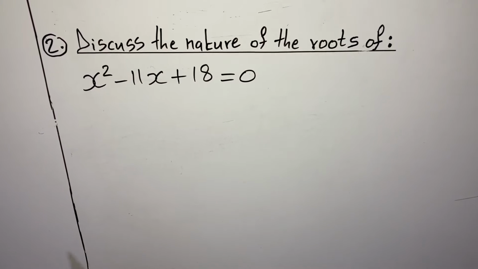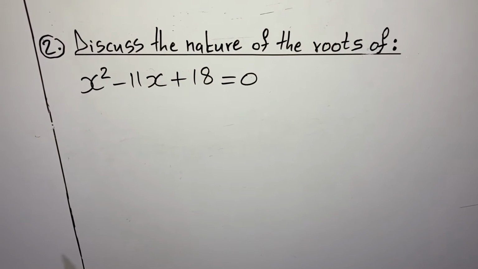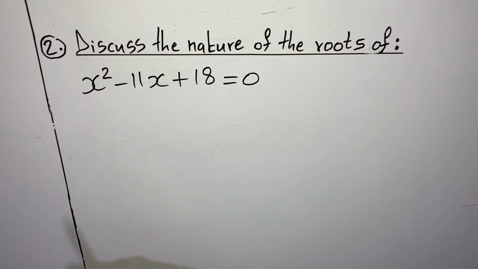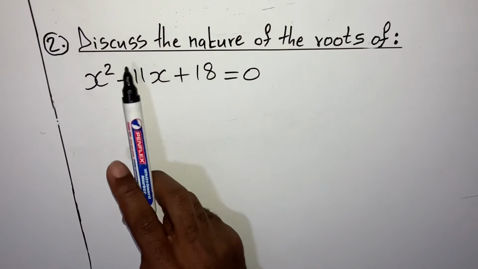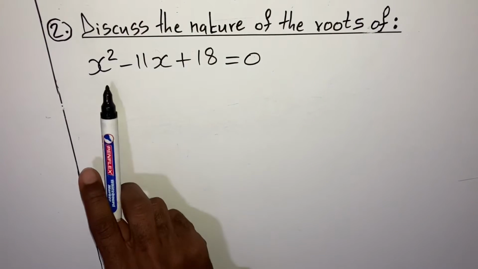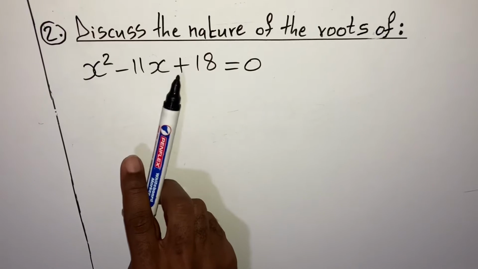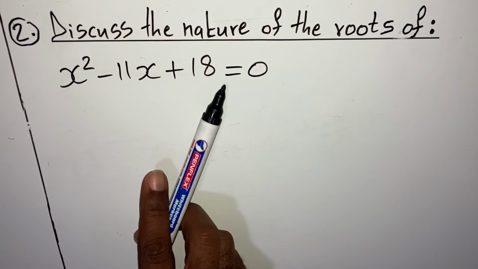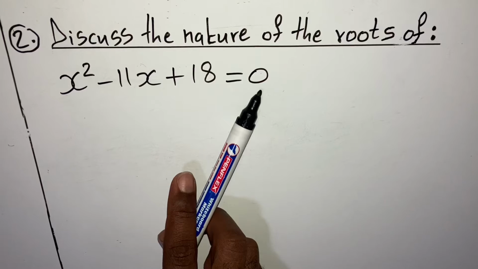We are now on our second sum. The instruction is still the same. Discuss the nature of the roots of x squared minus 11x plus 18 is equal to 0.